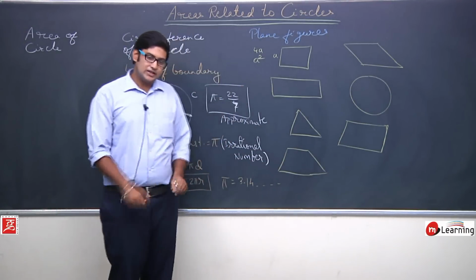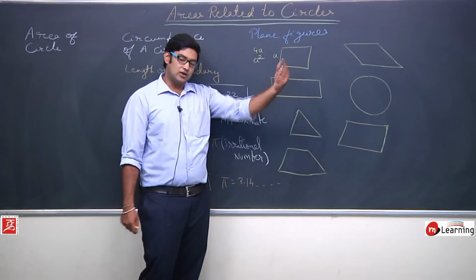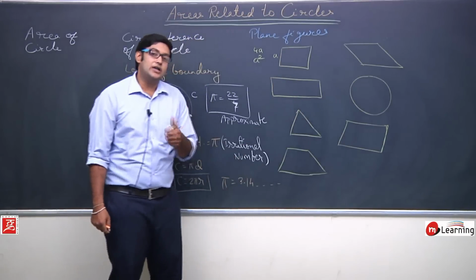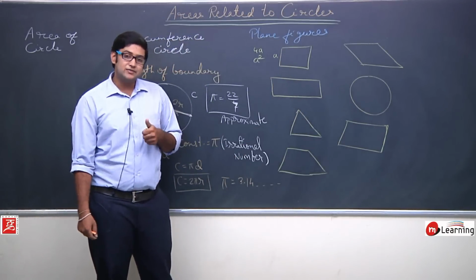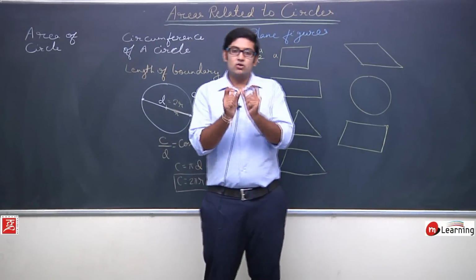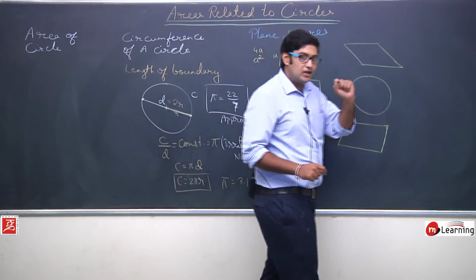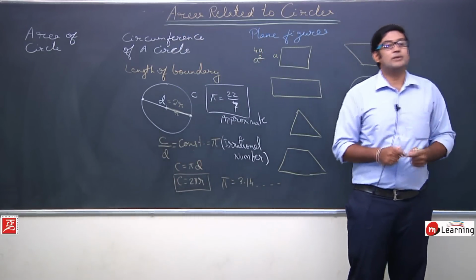What he observed is that this value 3.14 and so on is a non-terminating value, as well as a non-recurring value. It means after the decimal no particular pair of numbers is getting repeated, but it is also not getting terminated.